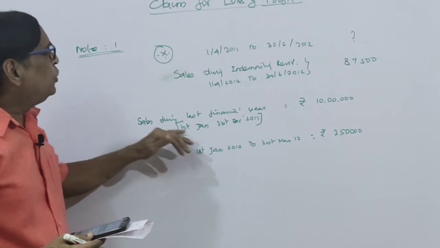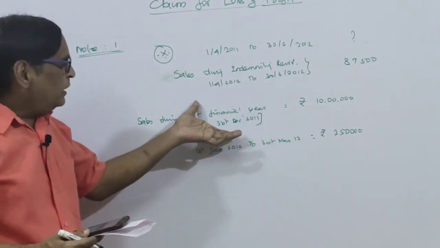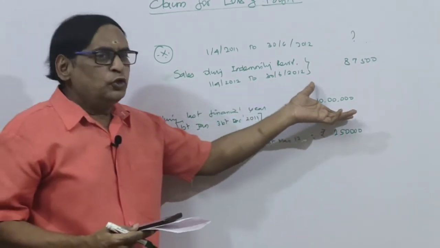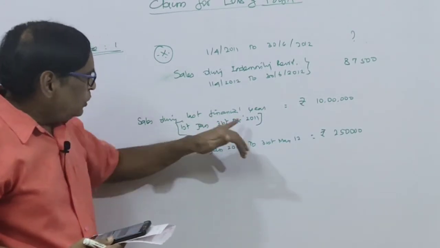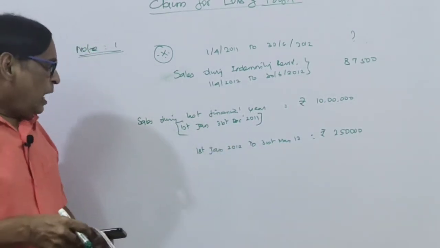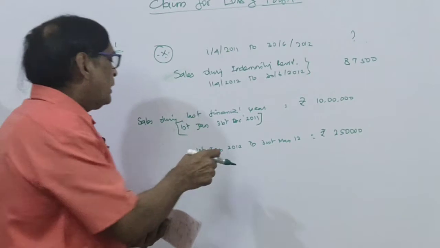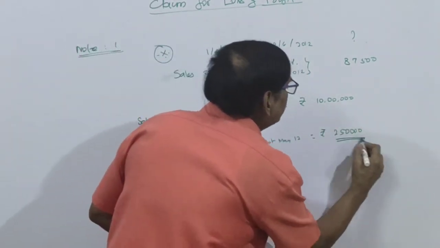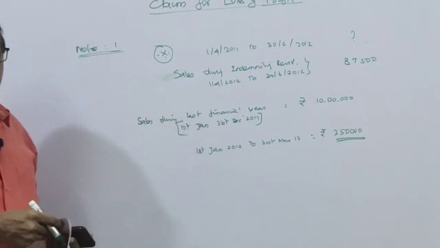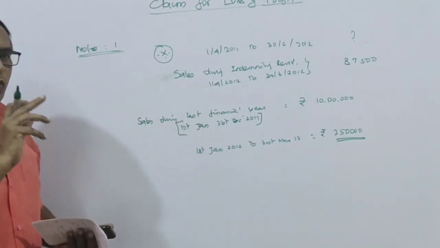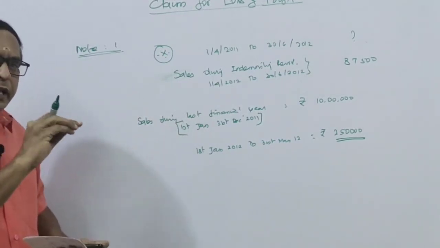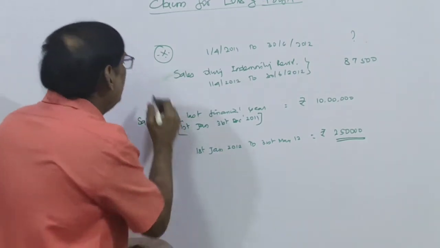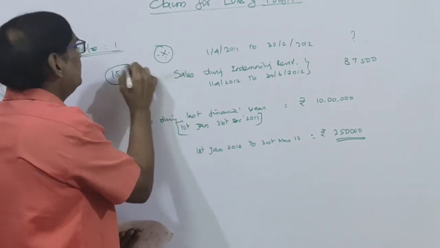I mean sales during the last financial year as per the question paper is 10 lakhs rupees, that is 1st January to 31st December. Then 1st January 2012 to 31st March is another figure. The current year sales is given. One important point we have noted is that sales have been increased by an increasing trend of 15%. Is it correct?